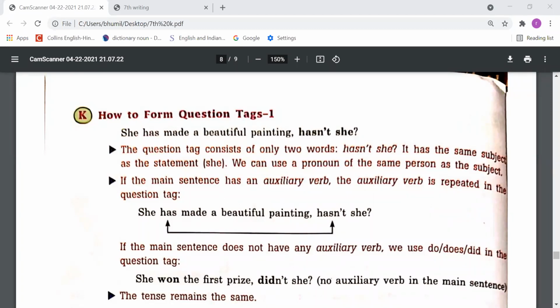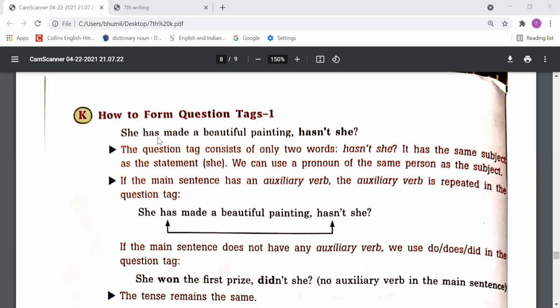So dear student, we have to understand, in the question tag, we only mention two words. One is the auxiliary verb and second is the pronoun of the subject. So see this example. She has made a beautiful painting. After that, we need to mention a comma, then hasn't she. Hasn't means we have taken has, the auxiliary verb that has been written here.